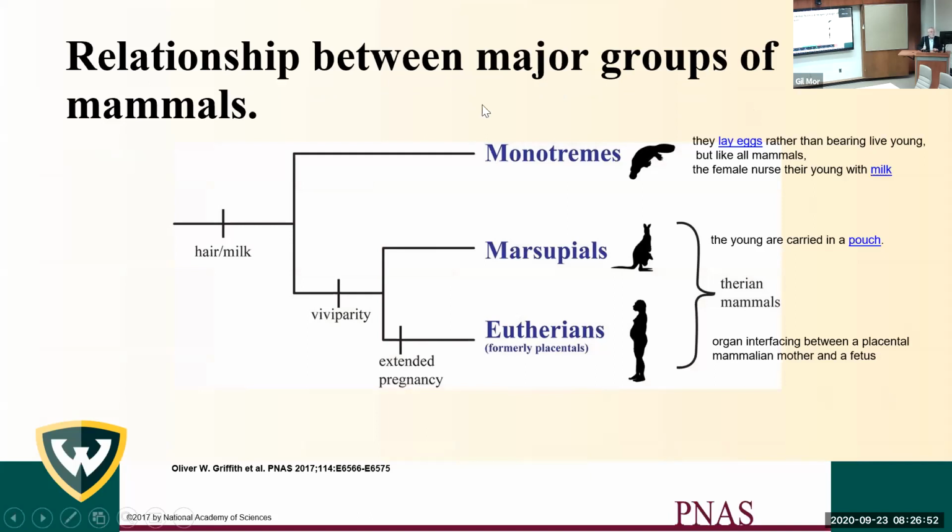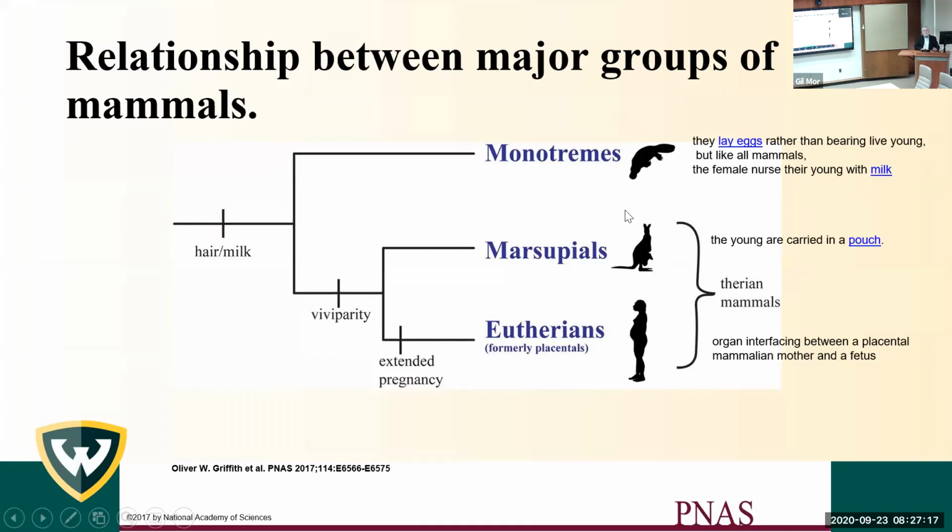He compared the monotremes, who are unique because they lay eggs. Rather than having live young, they are born from eggs. However, the monotremes are mammals, although they lay eggs outside. What makes them mammals is that they nurse the young with milk.